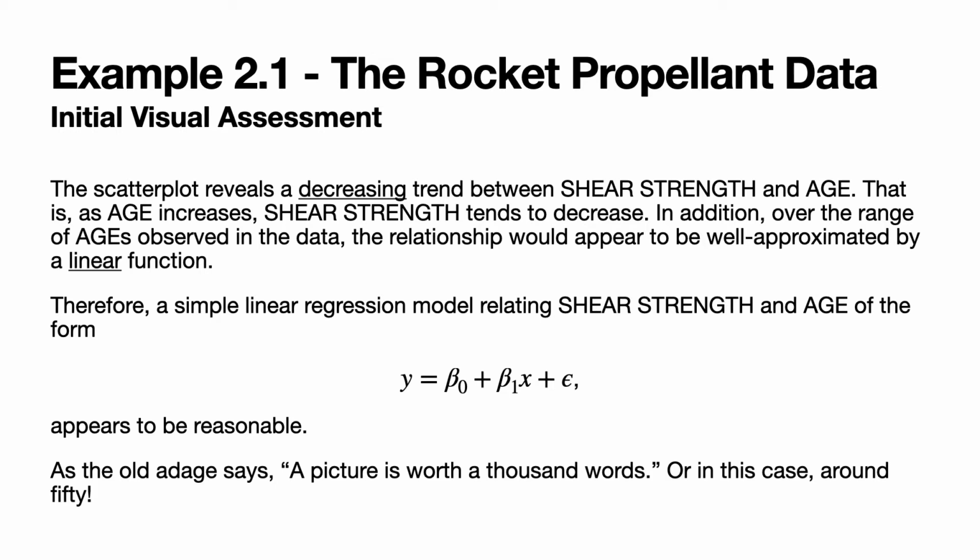Therefore, a simple linear regression model relating shear strength and age of the form y equal to beta 0 plus beta 1 times x plus epsilon, which is the canonical form of the simple linear regression model, would appear to be reasonable. As the old adage says, a picture is worth 1,000 words, or in this case, around 50.